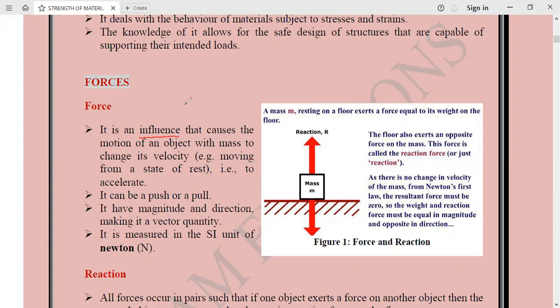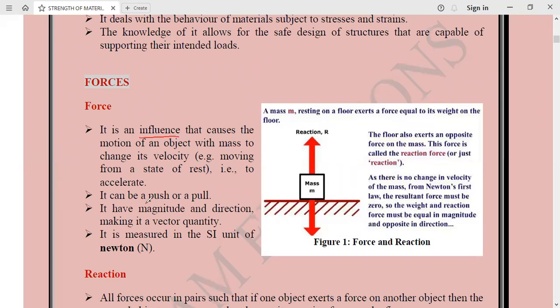It can bring a moving body to rest, as well as bring a resting body to a condition of movement. So it is an influence that can cause a change in the position of the body.